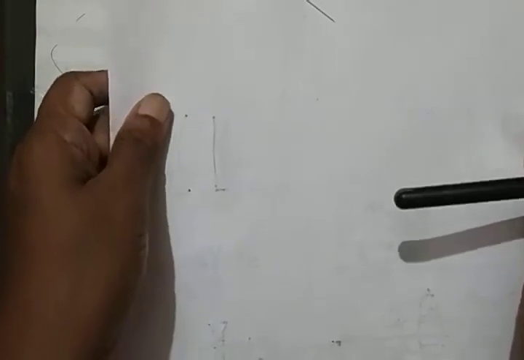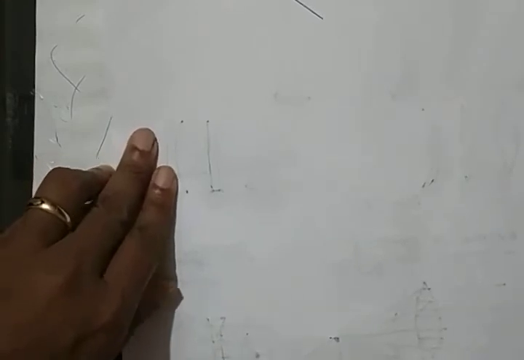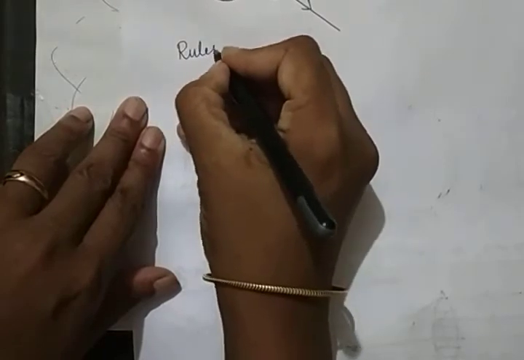Now, I expect you to draw along with me. Please pause your videos, take your scale, pencil and eraser, and please draw along with me, then it will be easy for you. First we are going to see the rules.